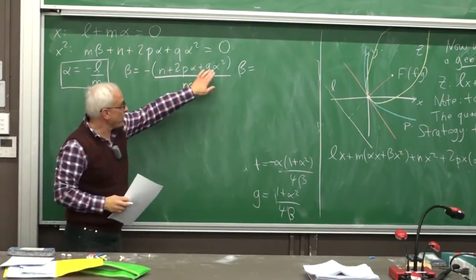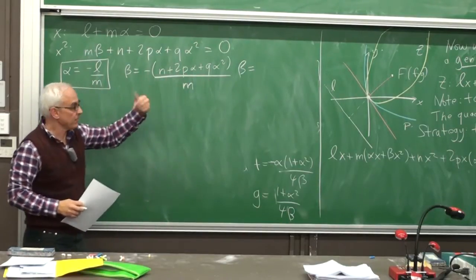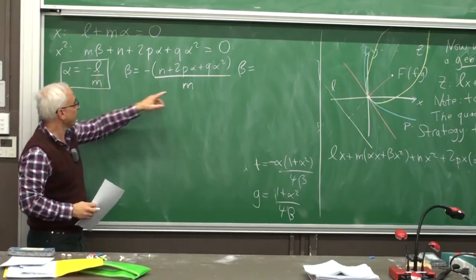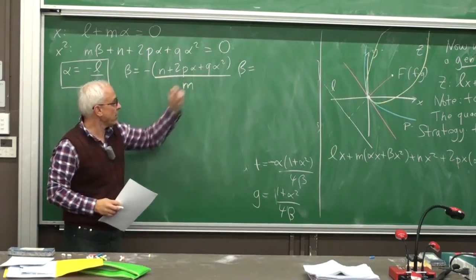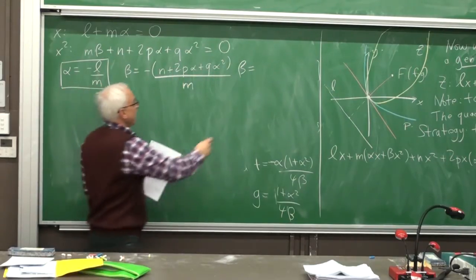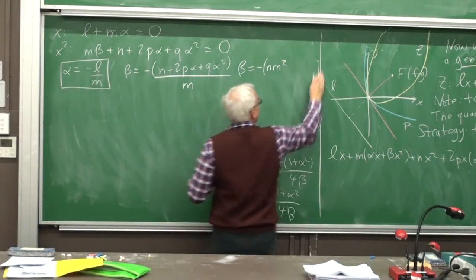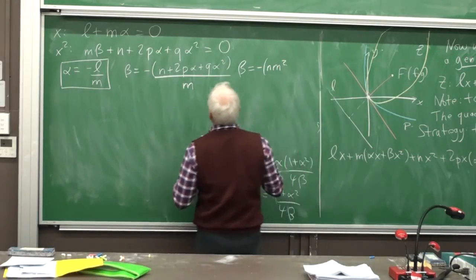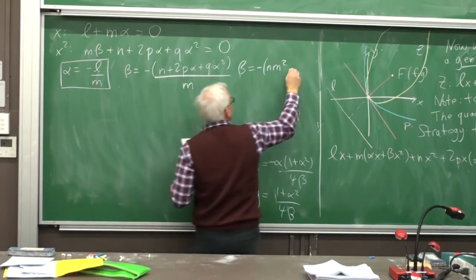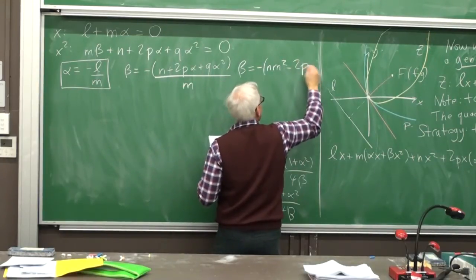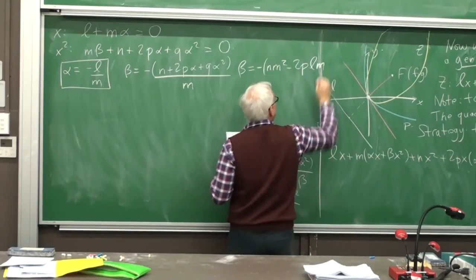well, we'll take that numerator and we'll multiply out the denominator of m squared, which is here. So we'll multiply all that out by m squared to give us minus n m squared. And then there'll be a minus sign here. So minus 2p, and then there's an L and an m.